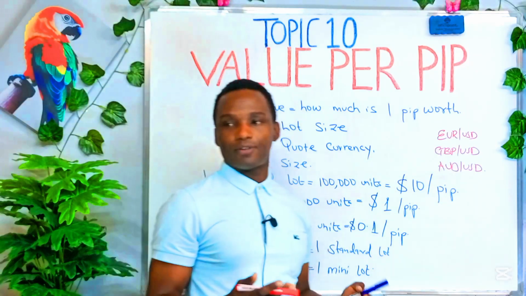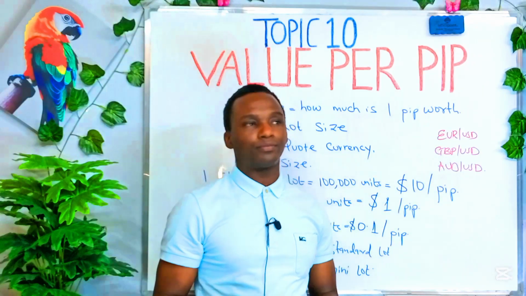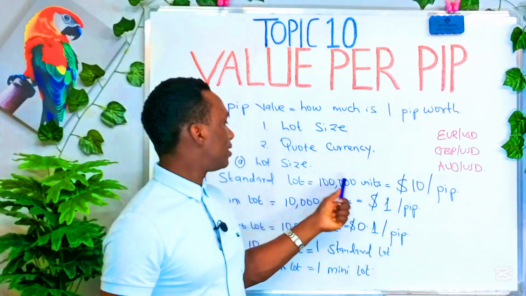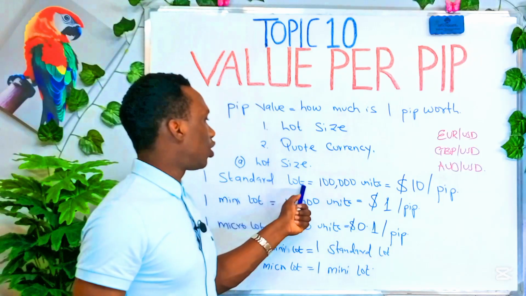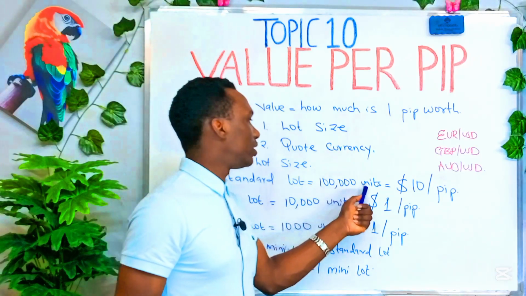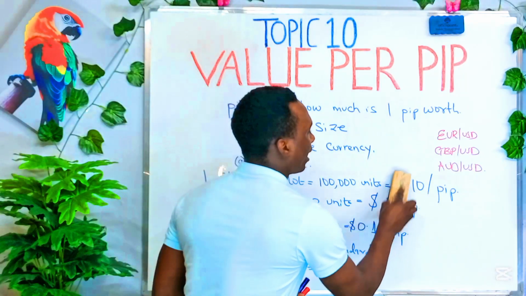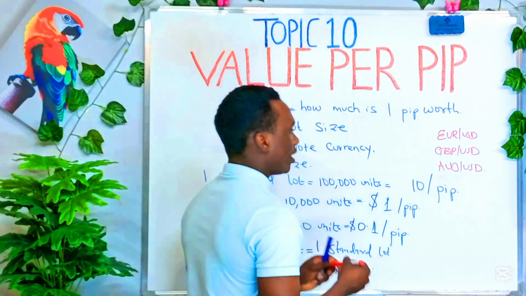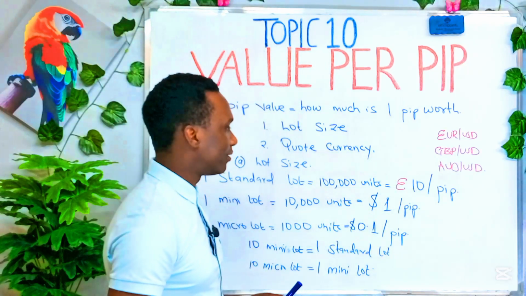So what if our quote currency is euro? What would our lot sizes be here? One standard lot of 100,000 units would be 10 euros per pip.